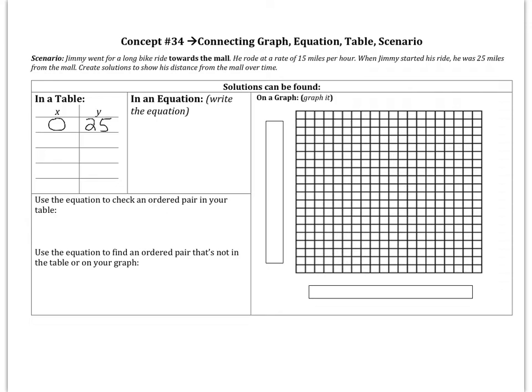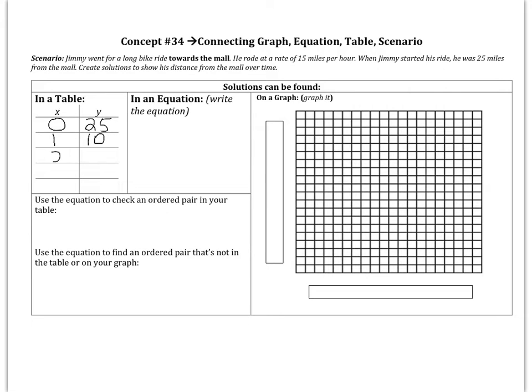Then, as he's traveling towards the mall, his distance towards the mall is decreasing. Decreasing how much? Well, 15 miles per hour, right? So after 1 hour has passed, he is now 10 miles from the mall.